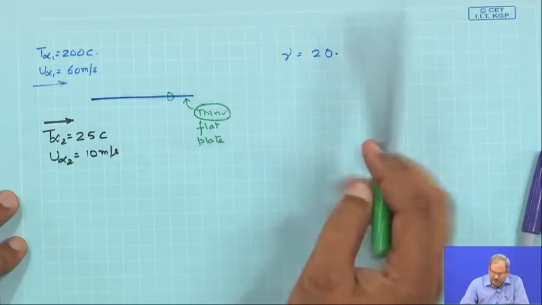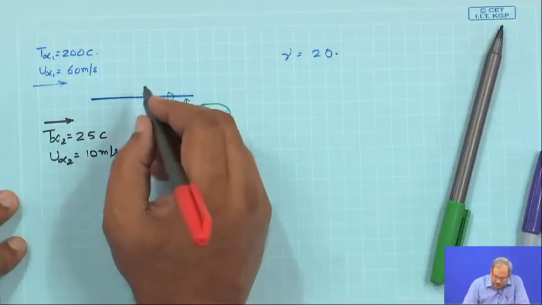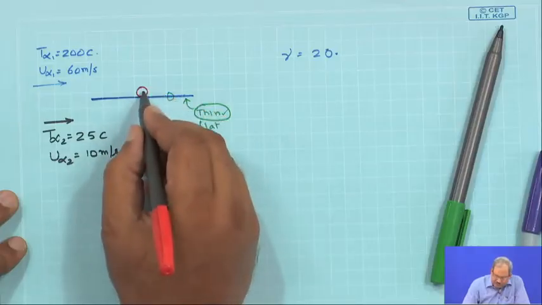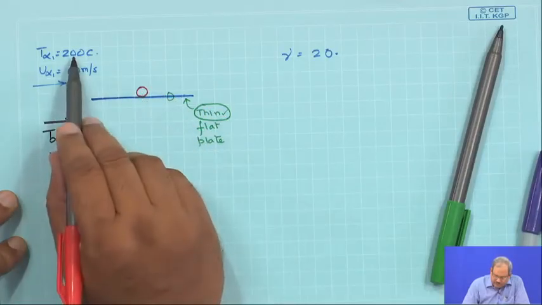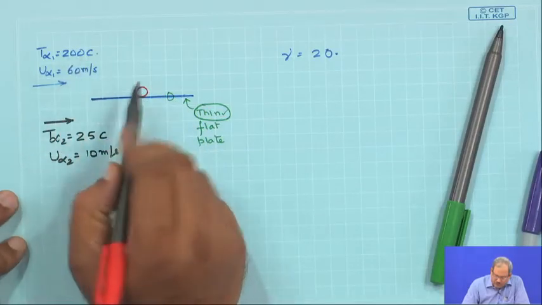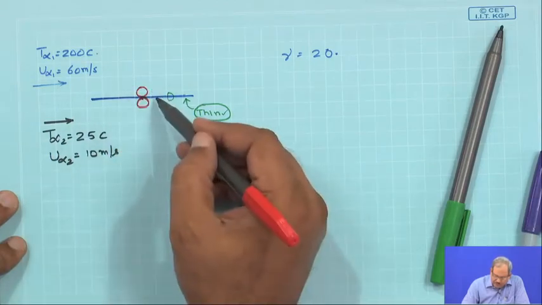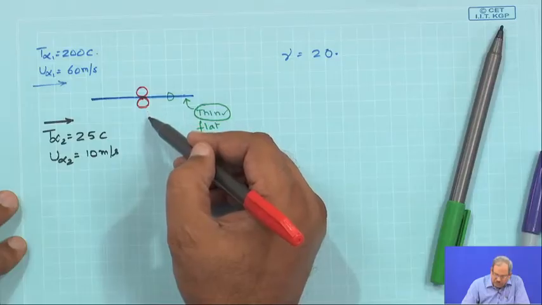And there are going to be two heat transfer resistances. One is the convective heat transfer resistance from the hot air to the plate, and the other is the convective heat transfer resistance from the plate to the cooler air.